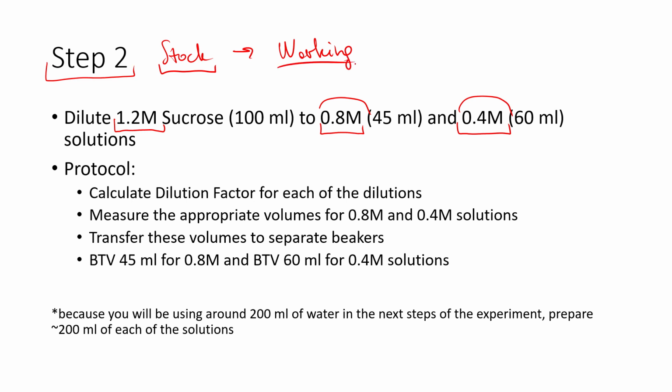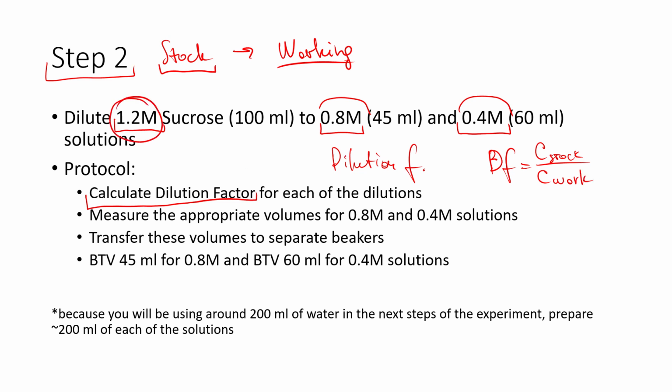Okay, so what do you need to know? First you need to determine the dilution factor, and the dilution factor, which is also written as dF, is equal to C stock divided by C work. In this case we have 1.2 molarity as the C stock and 0.8 and 0.4 as your C work.